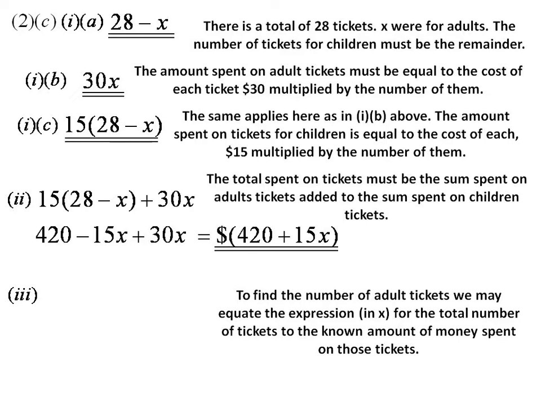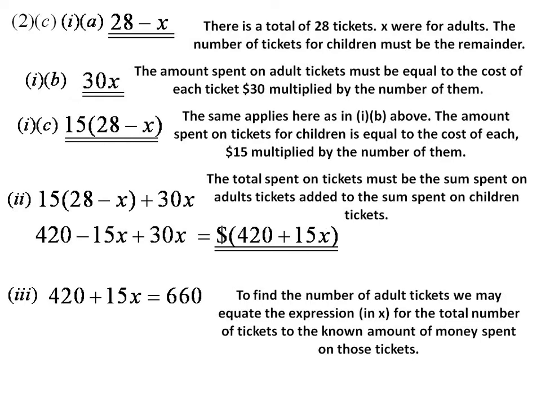Of course, that is given to us in the statement of the problem. So we equate the expression that contains x to the known amount of money spent, and we'll be able to find x there.